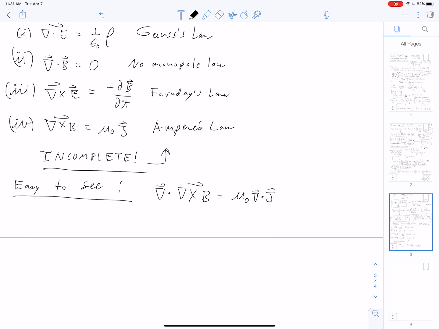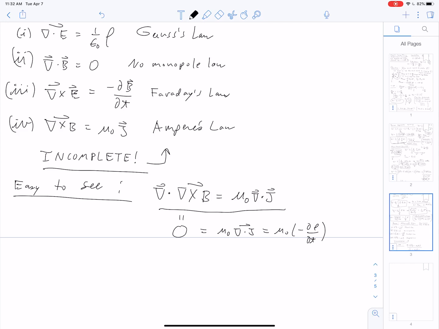If Ampere's law is true, then so must this equation be true. But del dot del cross B, we know what that equals. That always equals 0. That's an identity. And so we have 0 is equal to mu naught del dot J. But from the continuity equation, we know that del dot J is equal to negative d rho dt.